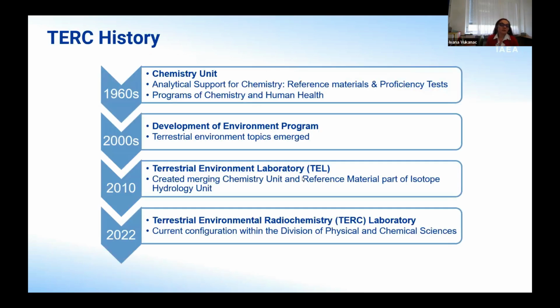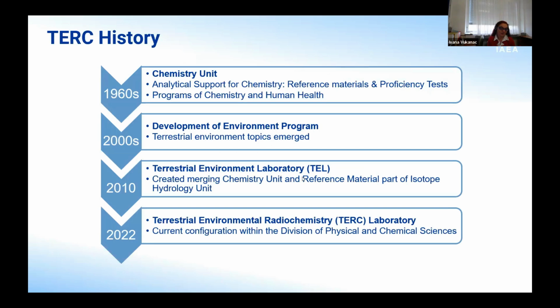The Terrestrial Environmental Radiochemistry Laboratory is one of the four environmental laboratories. It is located in the IAEA laboratories in Seibersdorf, some 40 kilometers away from Vienna.